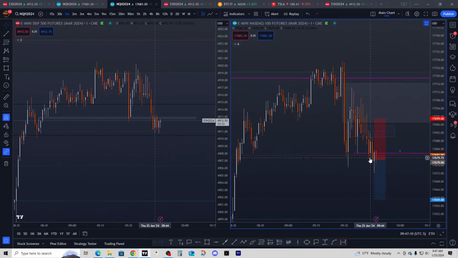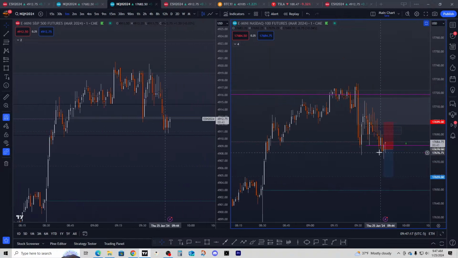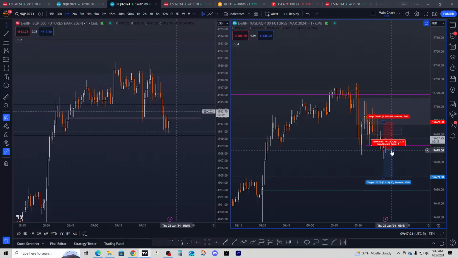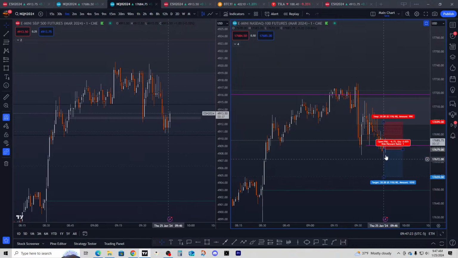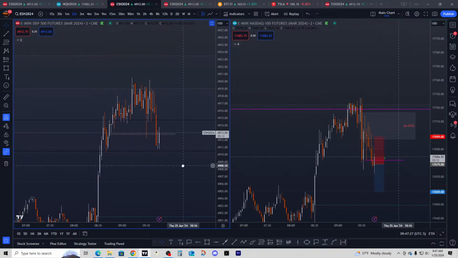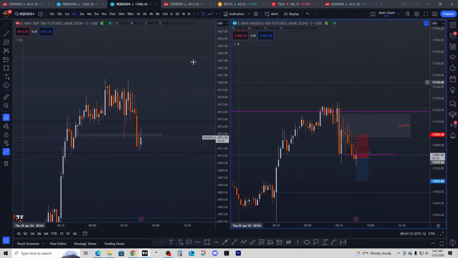So even if we were in this trade, this would be at break even. That's why it's not even worth it. Where before I used to enter trades like that because I'm like, oh, we're gonna go take out this low, reach down into here, and it hits it, and then it instantly comes back to break even. Like this is just experience in the past few years of just watching order flow.